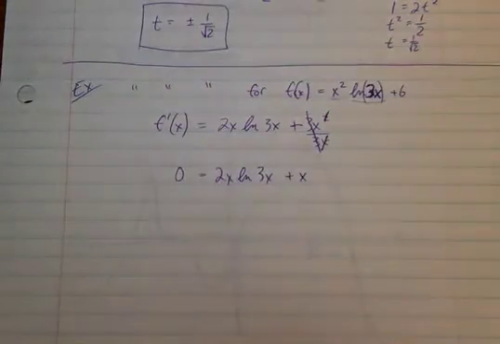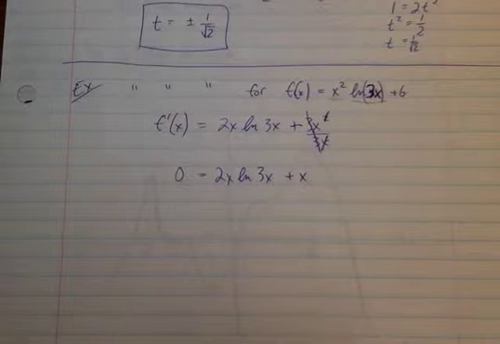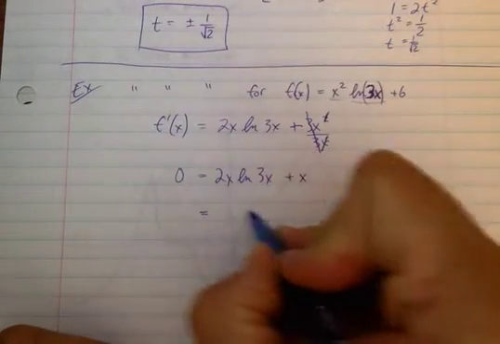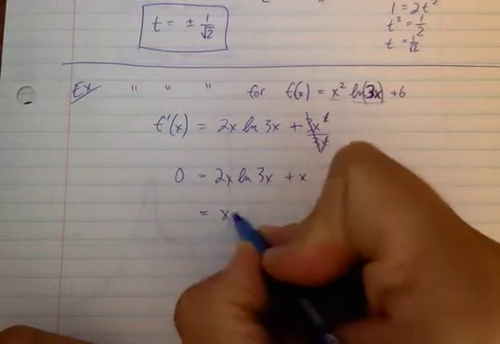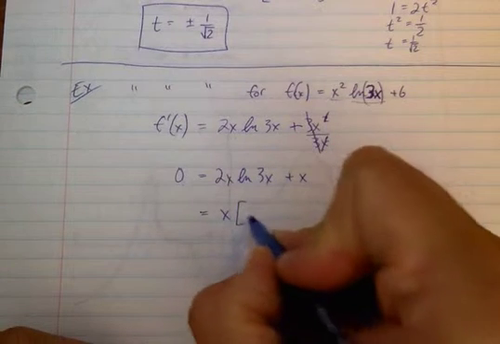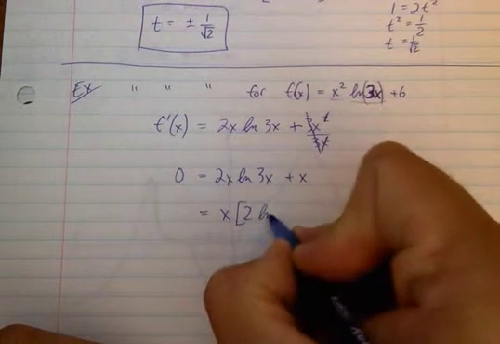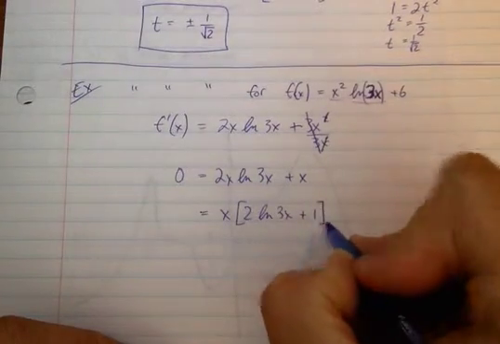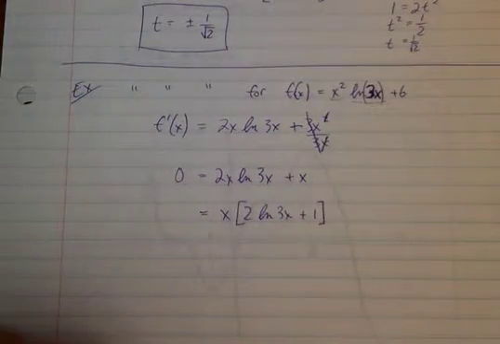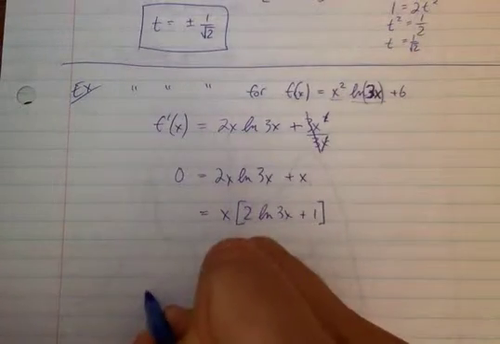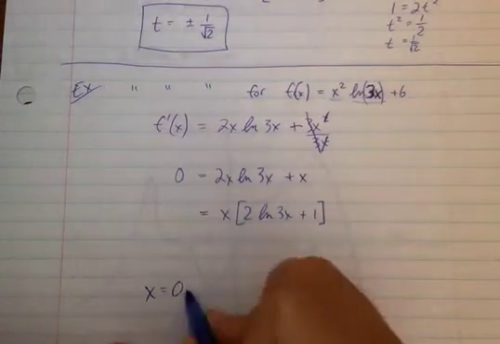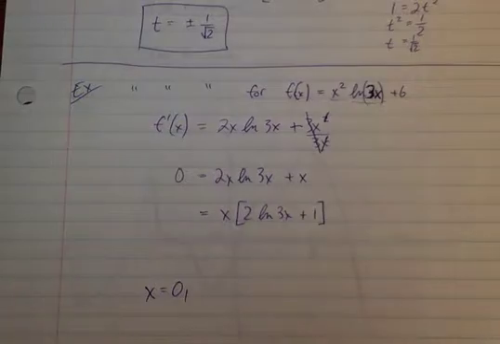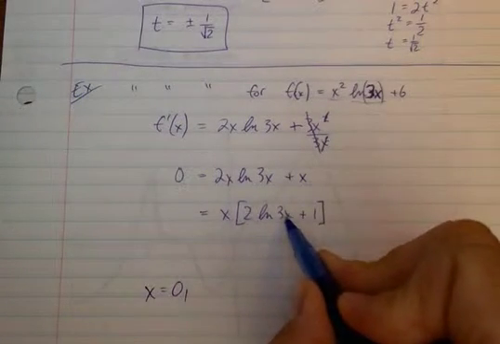Now if we set this equal to 0, what can we do to make this a little easier for us to solve? First off, let's bring out an x. Now we have 2 ln of 3x plus 1. So right now we know that x equals 0 is a critical point. What is the natural log of 0?